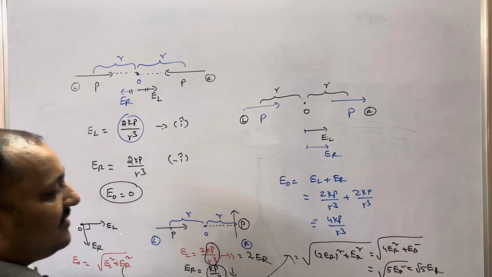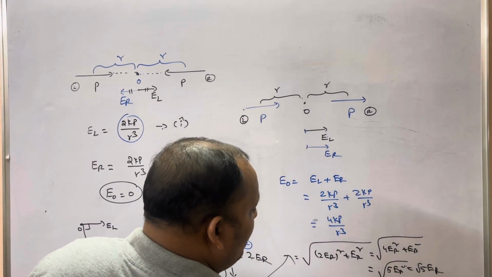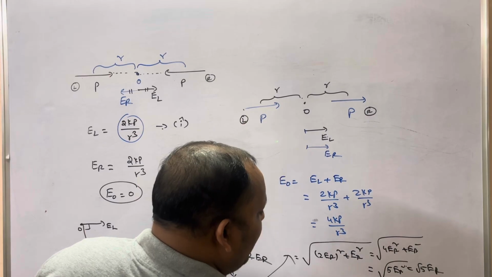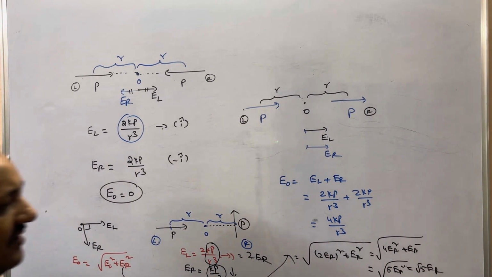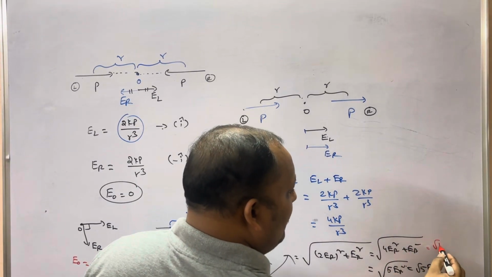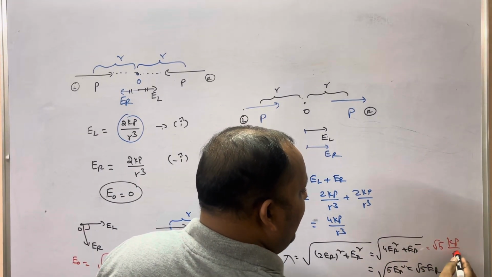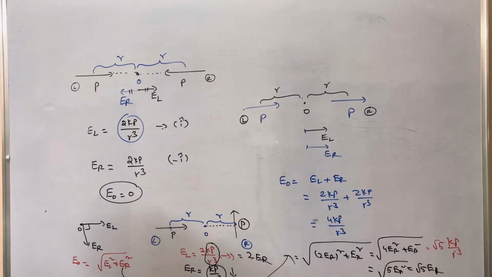What is ER? That is kp by r cube. So the resultant is root 5 kp by r cube. Correct? So like this you have to practice.